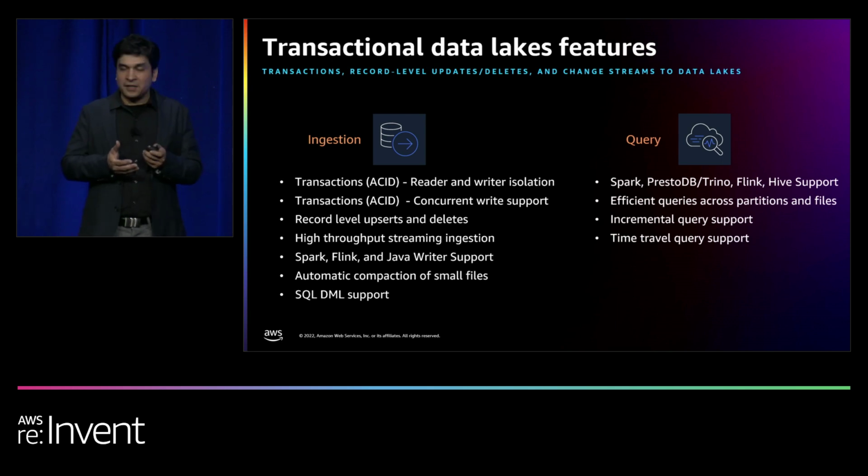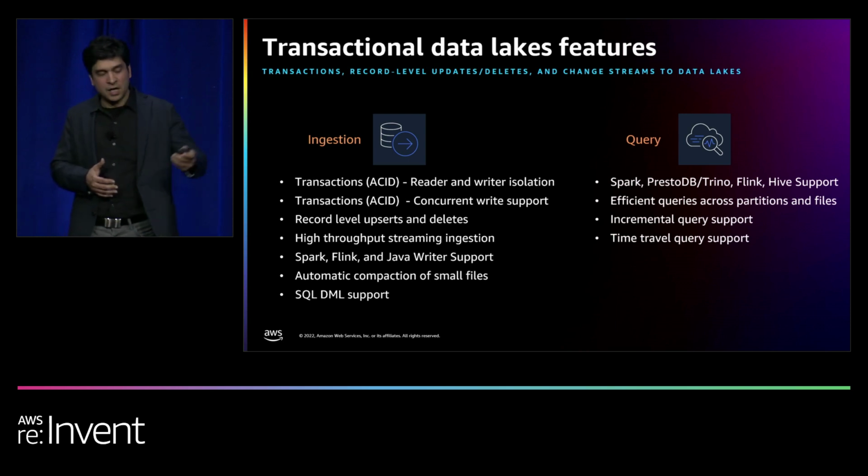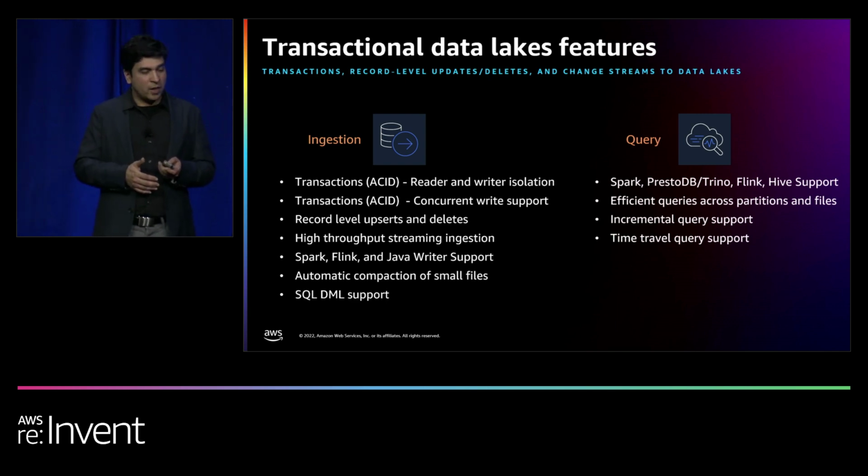You have concurrent write support, where you could have writes happening on the most recent data, while you can have compaction happening, let's say, on yesterday's data or last hour's data. Of course, row-level upserts and deletes, which is a core ask, high-throughput streaming ingestion, Flink and Spark support for sure, and sometimes Java as well, automatic compaction of small files, and SQL DML support.